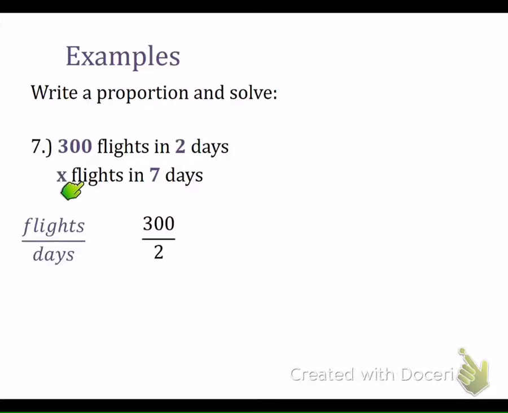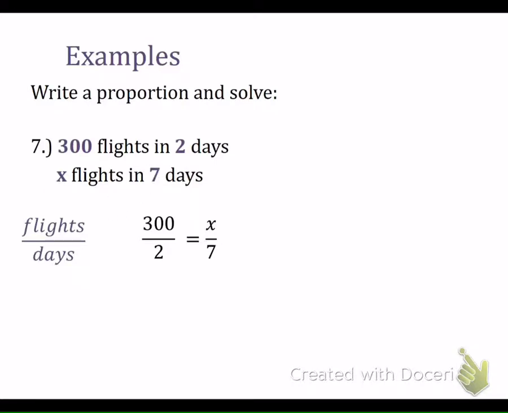The flights. But it's the variable, right? So x over how many days? 7. So you just have to write them in the same way. If I put flights on top, days on the bottom, I just go flights over days equals flights over days, cross multiply to solve.